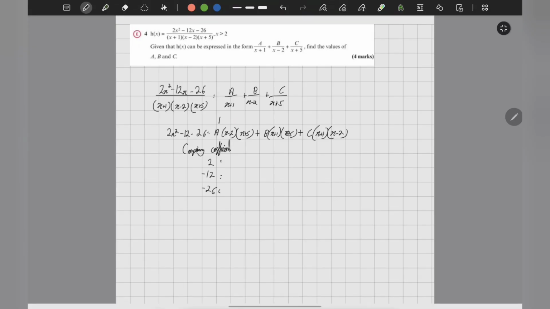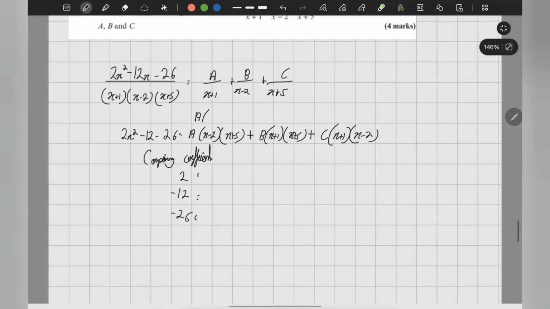So if we have a, then we expand this bracket, get x squared plus 3x minus 10. The b would be x squared plus 6x plus 5. The c would be x squared minus x minus 2. So now it's easy to see which term is which.